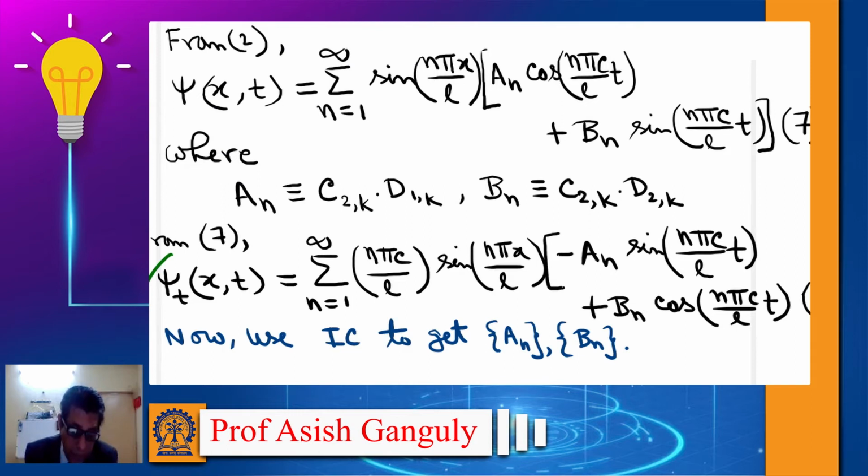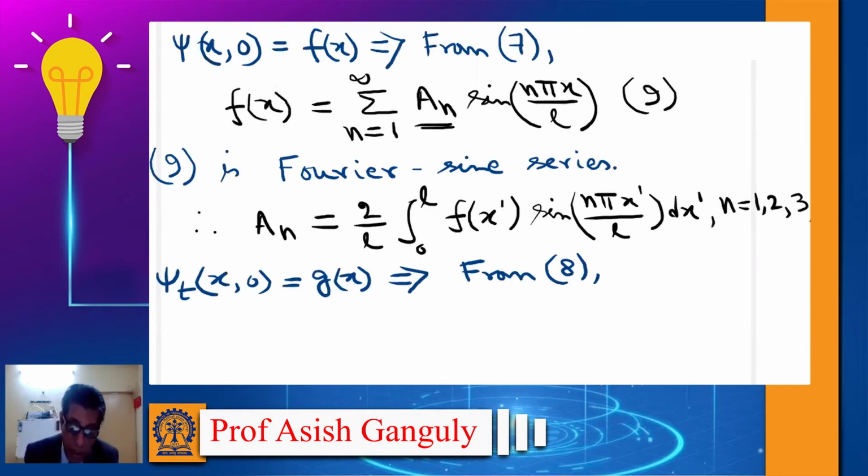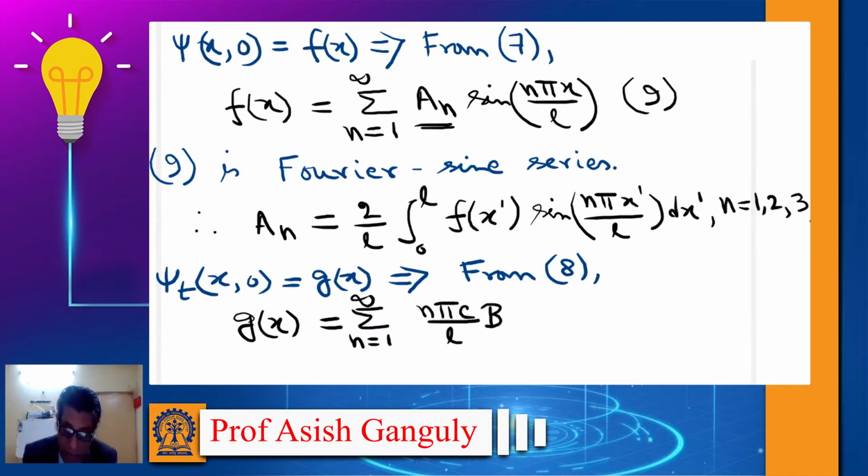So here you are getting for psi_t(x, 0) equal to g(x) equal to the summation n equal to 1 to infinity of (n pi c by L) times bn times sine(n pi x by L).